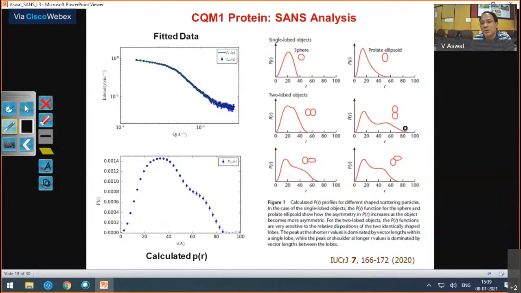So different possibilities are there, and the detailed modeling is difficult to get from the calculation of P of R. And also, if your system is concentrated and you want to look at the interaction, it is also difficult. So to get those kinds of information, you have to go to the model calculation.